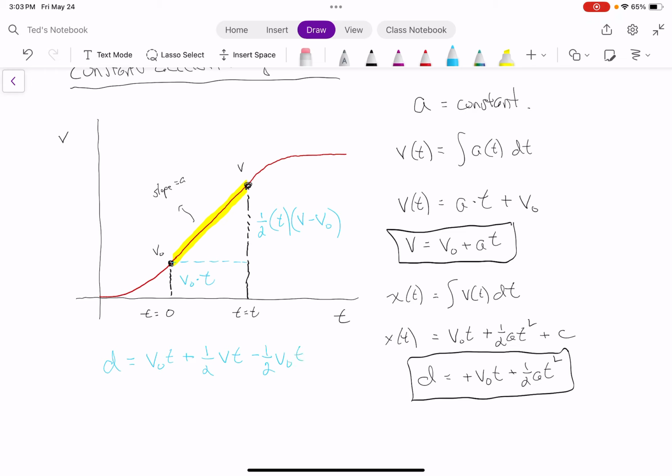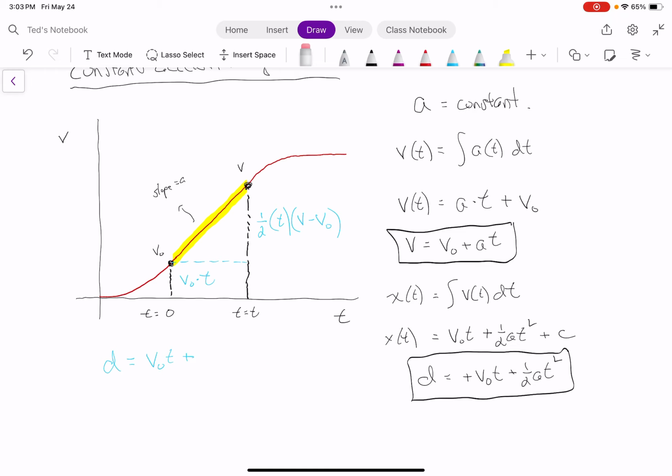And then this simplifies into displacement is equal to 1/2 (v0 plus v)t. Okay, but that's actually a new equation. Let's hold on to that one. You can write it down in your notes, but let's just hold on to that one for a minute.